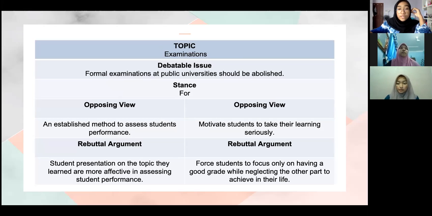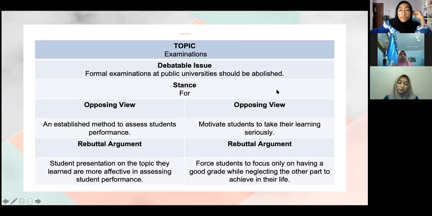So the opposing view given is an established method to assess student performance. So I came up the rebuttal argument for this first point is student presentation on the topic they learn are more effective in assessing student performance.